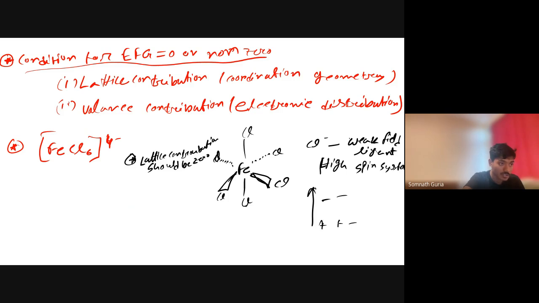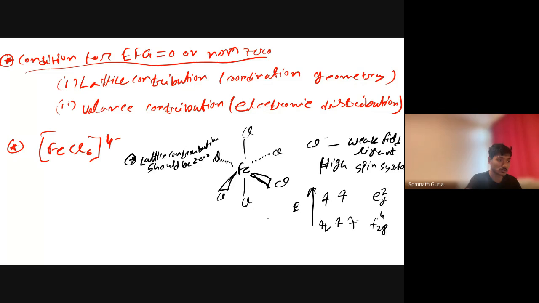We have 6 electrons, all filled high spin, so T2G4 and EG2. As one orbital is occupied by two electrons in one direction, it will show Jahn-Teller distortion.